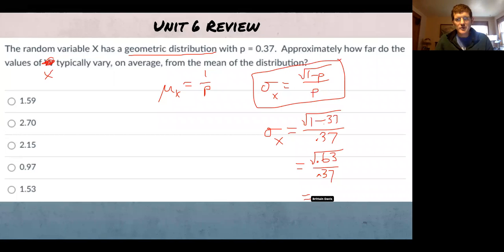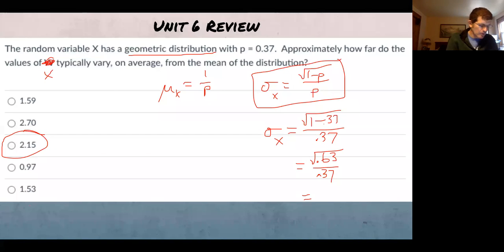And you can just circle when you find what the correct answer is. There it is, 2.15.